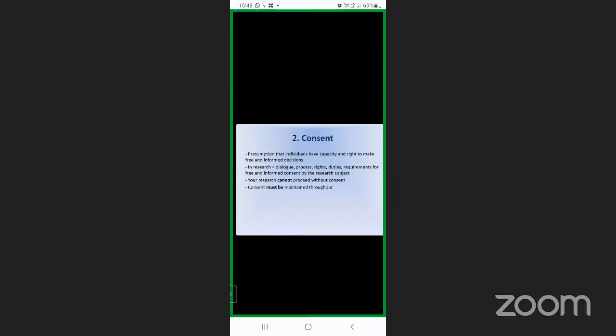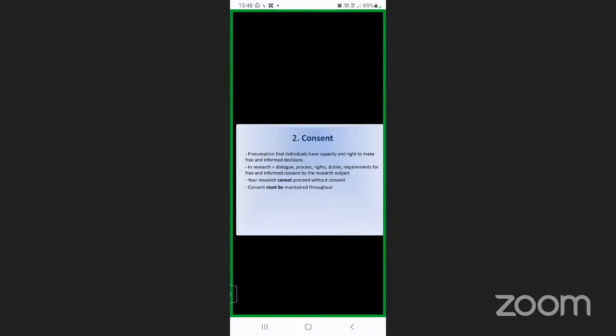What is the part of consent in research? Okay, which part of research requires us to take consent? In research, the dialogues, we should take consent, and only with their consent can we take those dialogues. Then process, then rights, then duties, requirement for free and informed consent by the research subject.